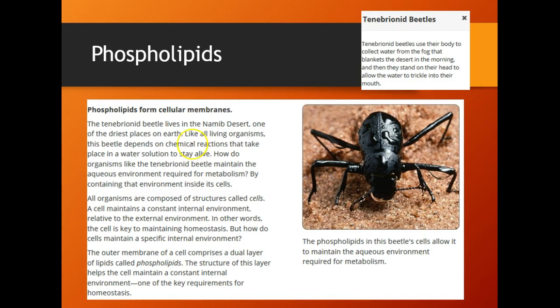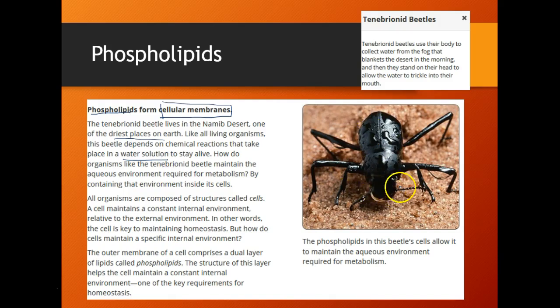Okay, another type of lipid are phospholipids. And phospholipids' main defining characteristic is that they form cellular membranes. The tenebrionid beetle lives in the Namib Desert, one of the driest places on Earth. Like all living organisms, this beetle depends on chemical reactions that take place in water solution.